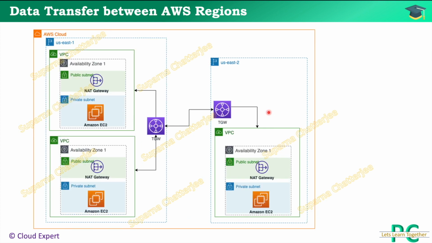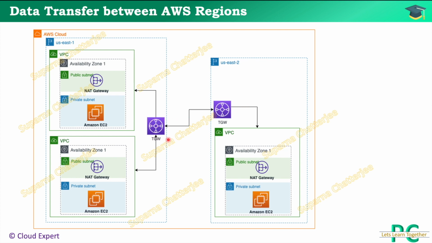Let's see a different use case. Now let's try to understand VPC peering using Transit Gateway. If you remember our previous example, we had 3 VPCs and we peered using VPC peerings. Now if you are using AWS Transit Gateway, since Transit Gateway is a regional resource, we need a Transit Gateway per region.